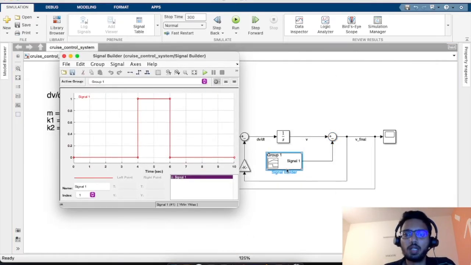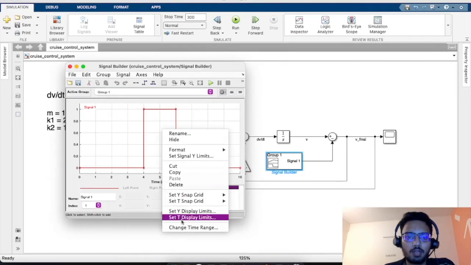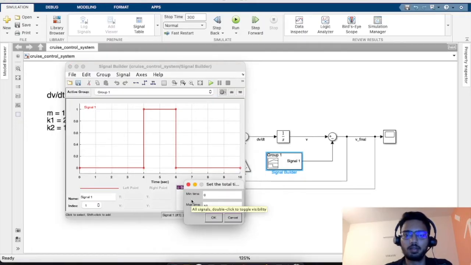So in this signal builder, we'll try to model the disturbance signal. Here, first of all, we know the simulation time we have set as 300 seconds, and so the time range for this should also be set as 300.